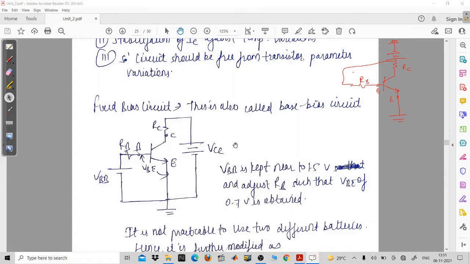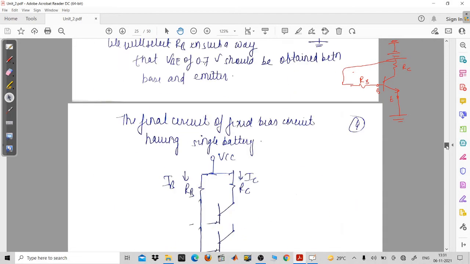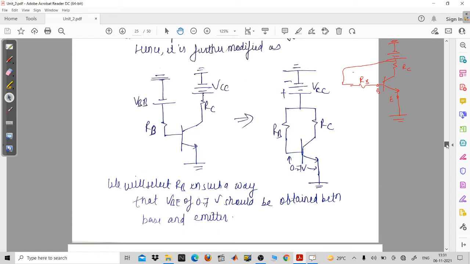So now for a better understanding, you can just go through this picture. See, now you are having two resistances, that is RB and RC, and this single battery is sufficient enough to make your base emitter junction forward biased and the collector emitter junction reverse biased.